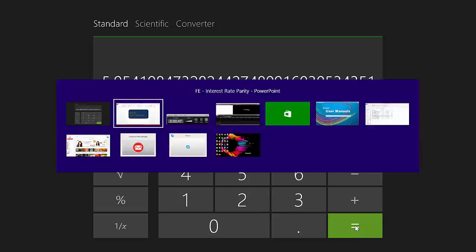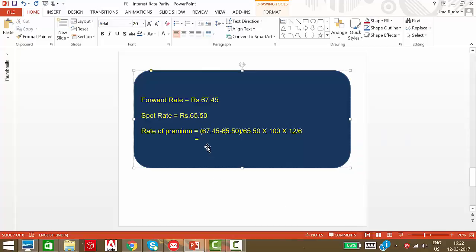It comes to 5.95. So the rate of premium is 5.95%. This is annualized.